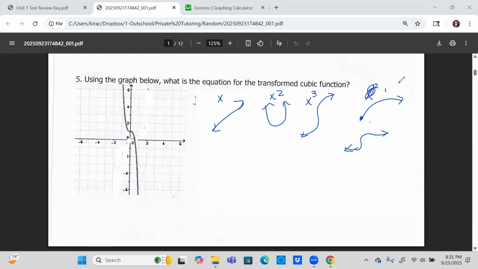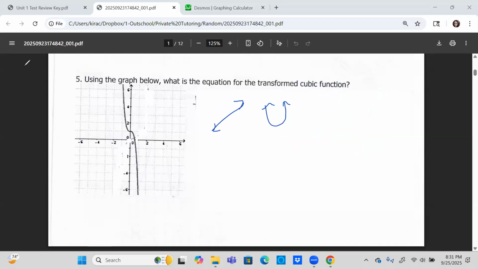Oops, this one's square root, this one's cube root. We have absolute value. So this one to me looks like a cubic. Oh, duh, it says so right here. I don't read. It's a cubic. But we messed with it. We have transformed the cubic.